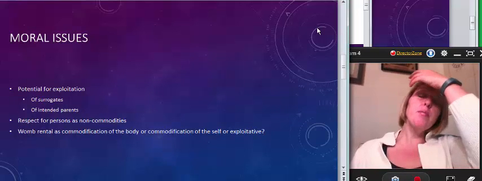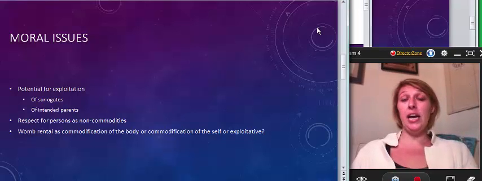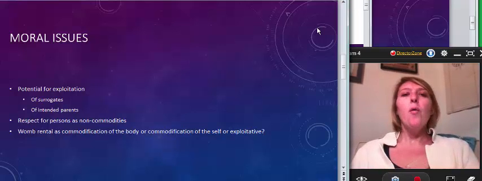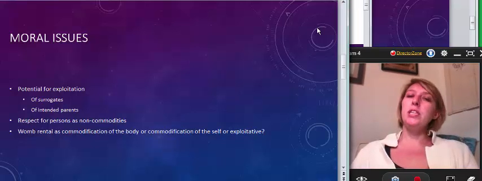So what are some of the moral issues that have left feminists on differing sides of the fence on what kind of legislation and even more generally how we should feel about surrogacy? Well, one of the first and foremost issues is the potential for exploitation. This has been largely framed in terms of the potential for exploitation of the surrogates.